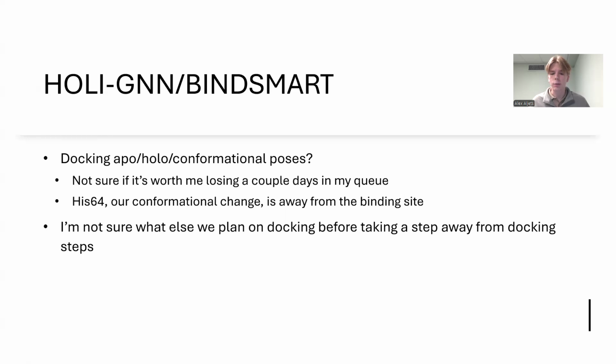Especially because His 64 is away from the binding site, I can just run it through, take a few days, and get a little extra data for apo and holo, inwards and outwards.